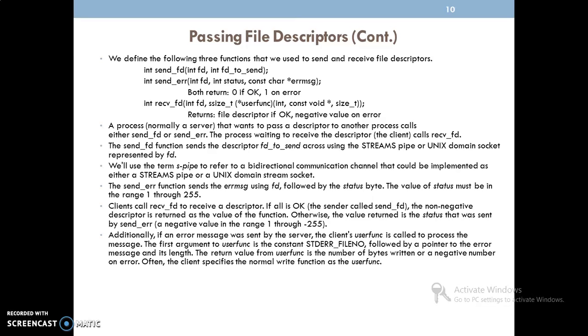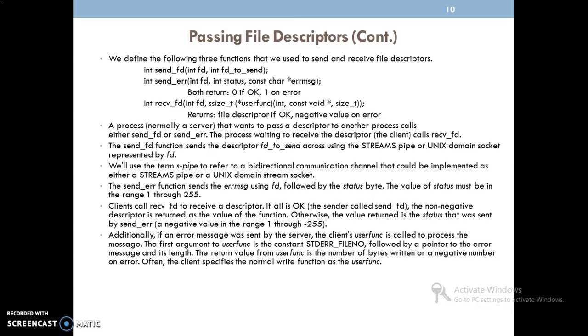If send_fd and send_err are called by the server, then in the opposite case recv_fd is called by the client. The return value of this function is the file descriptor on success and a negative value on error.